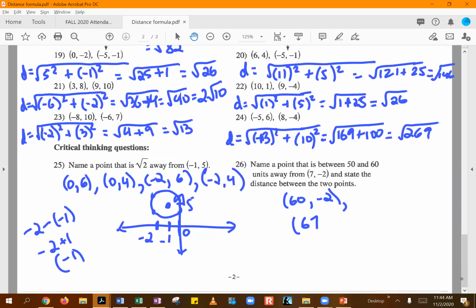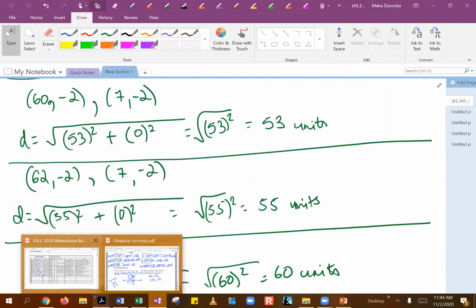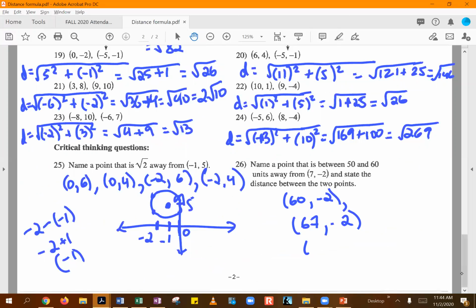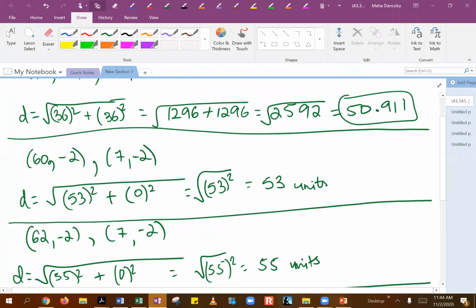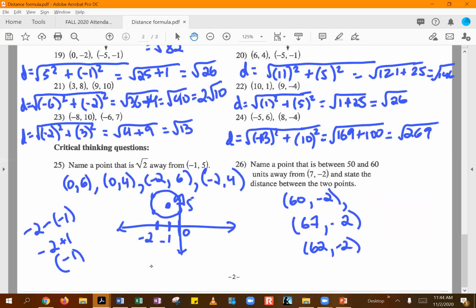So these were some of the answers we came up with. Let's see, you also had 62 to -2. This is, of course, where we were keeping all the y values at -2. And then let's see, you can do 7 and 51.